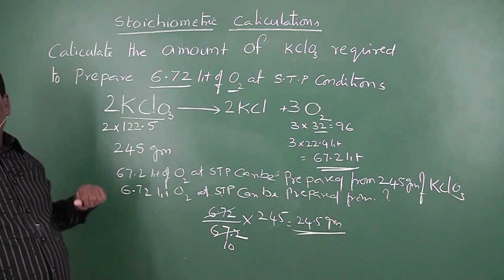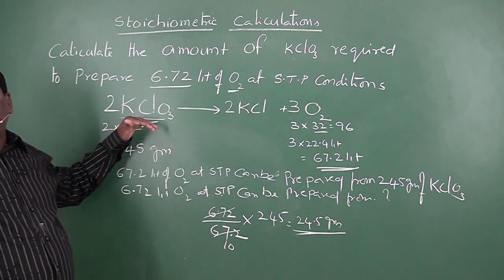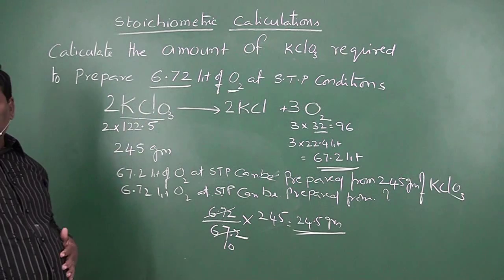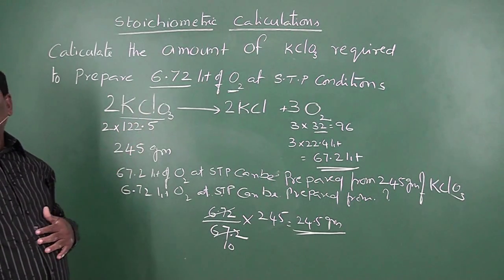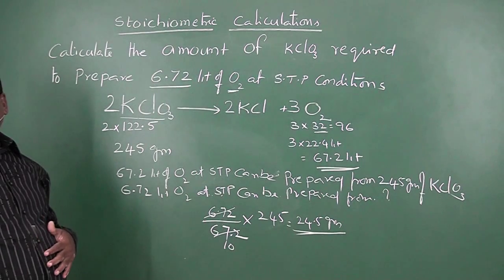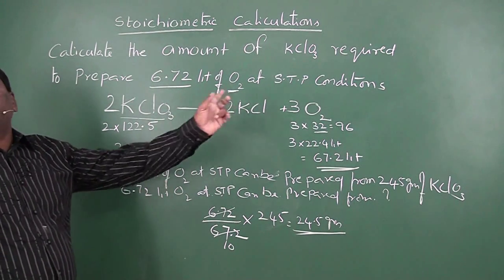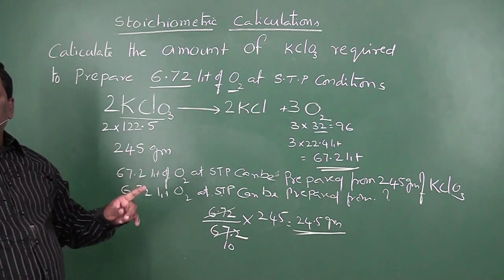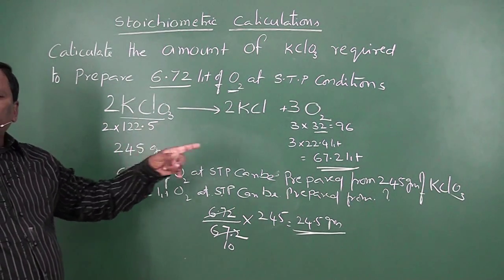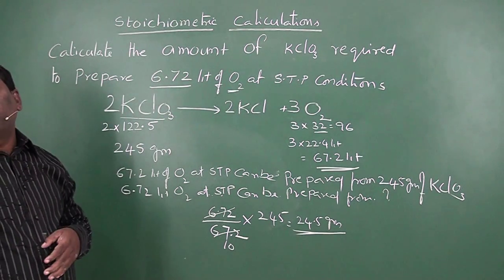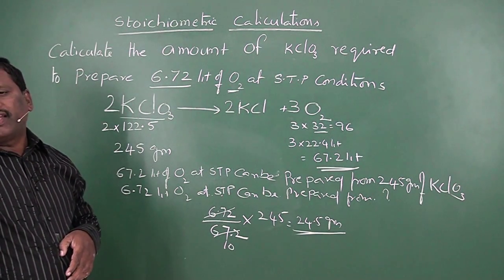Now from this equation, 122.5 is the molecular weight of KClO3. So 2 moles of KClO3, that is 2 into 122.5, 245 units of KClO3, produces 3 into 32 grams of oxygen. 32 grams at STP conditions occupies 22.4 liters. That means 3 into 22.4 liters of O2 gas at STP.